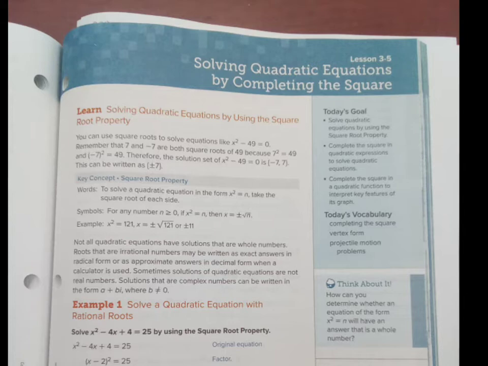So what does it mean, what are we looking for, if we're looking for the solutions to a quadratic equation? X values, more specifically, the roots. And where are they found if you're looking at a graph? The x-intercepts.